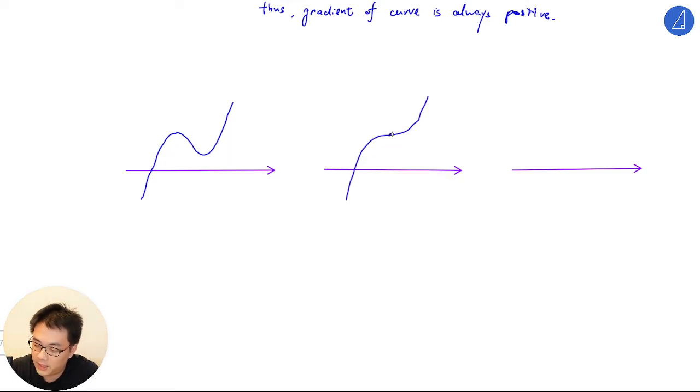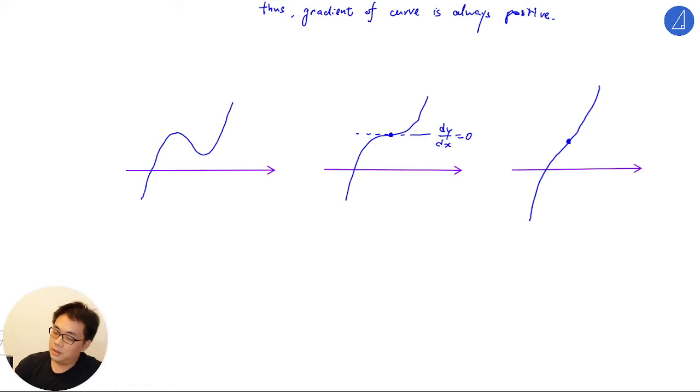If the coefficient of x cubed is positive, then it'll be like that. This is where gradient is 0. Then the other one is like that. So this is where dy/dx equals 0. So we just recap some of the concept here.